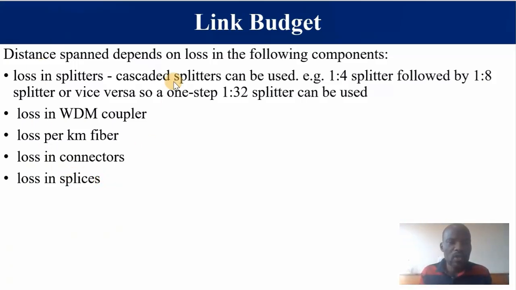So we must make sure that the number of splices is not much, and also not unnecessarily use some connectors. This is beyond your control. There's nothing that you can do. Also, this is beyond your control. So guys, take note of points of power loss on our GPON network and how they can be reduced.